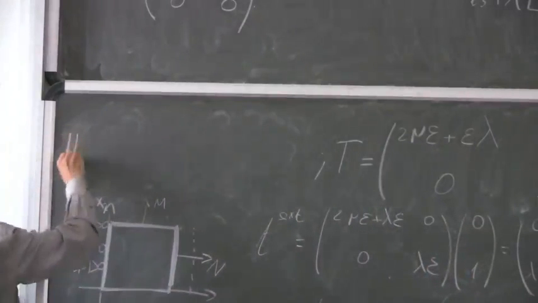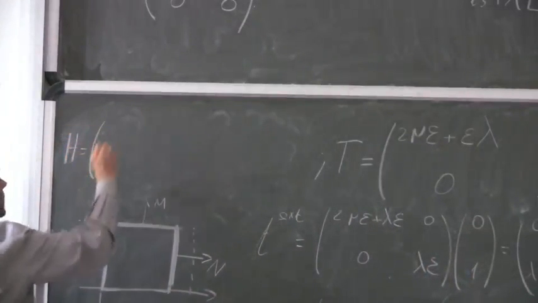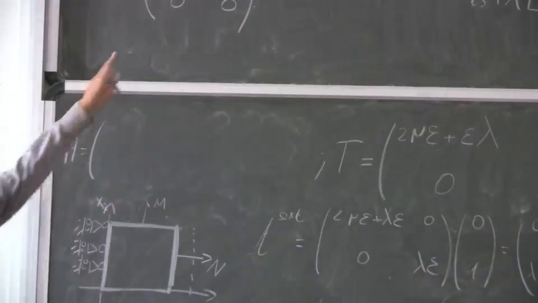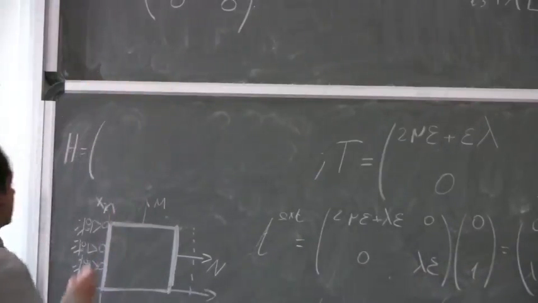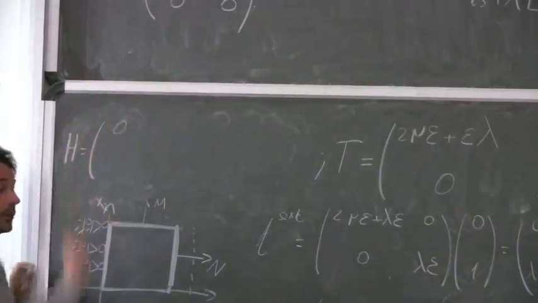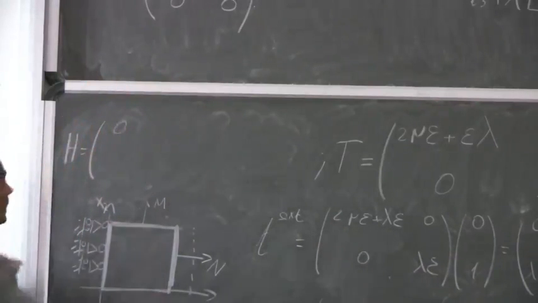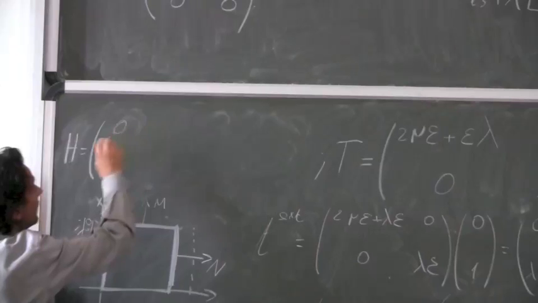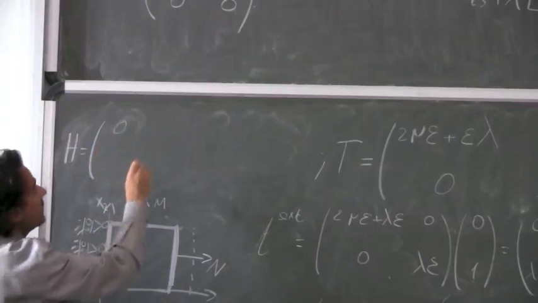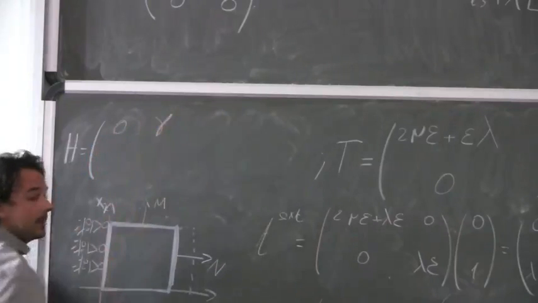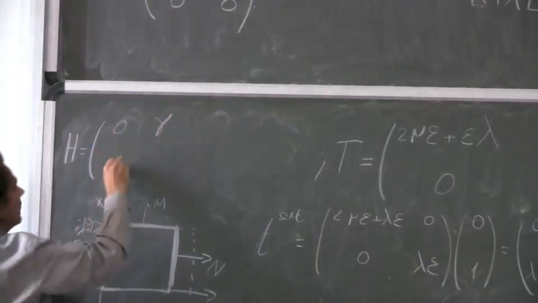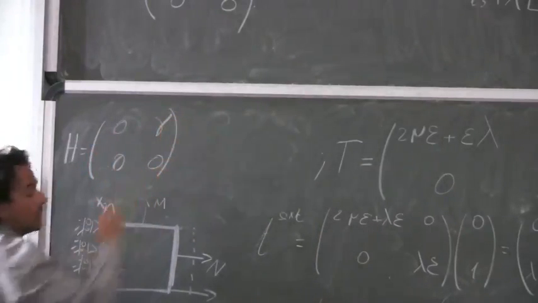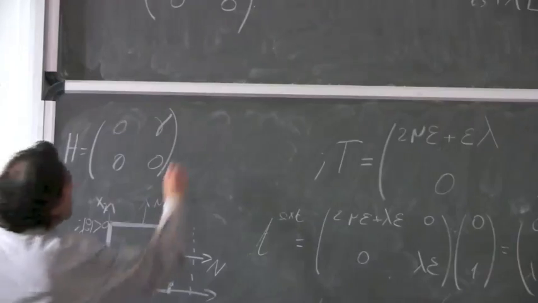So the first component is the derivative of u1 with respect to x1, that is 0. The component 1, 2 is the derivative of u1 with respect to x2, that is gamma. Second line is 0.